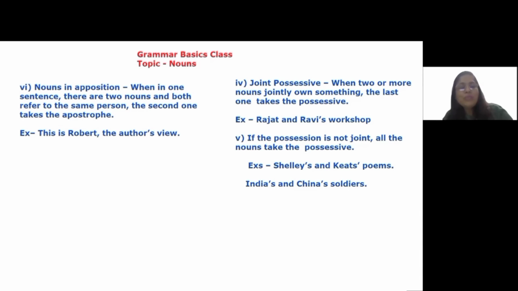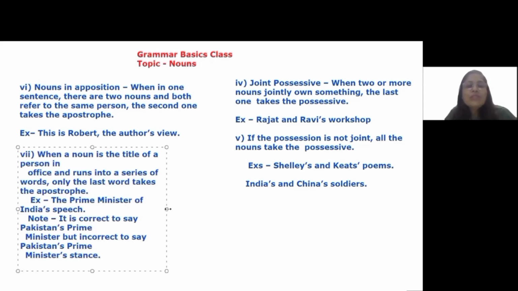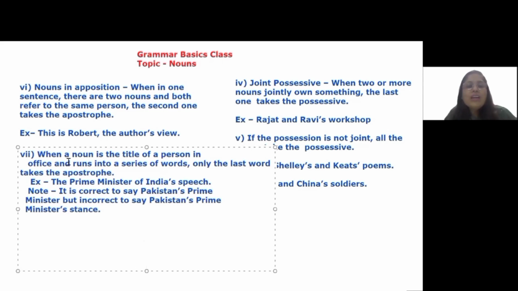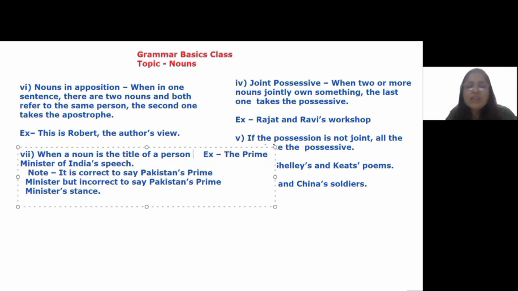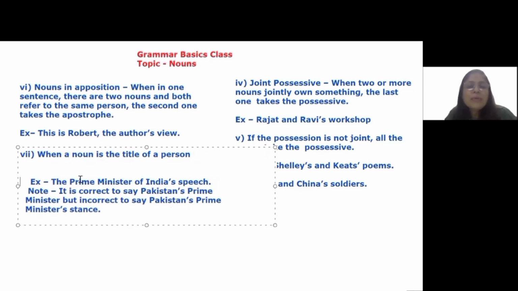I will bring for you one more rule. All right. Suppose you're talking about the Prime Minister of India, then what will you do? If we are talking about a person who is holding a position of power, for example, the Prime Minister of India, I can talk about the Prime Minister.